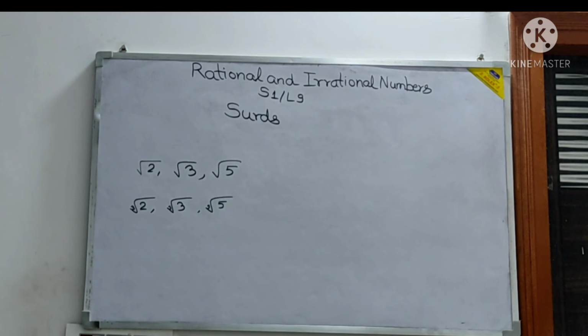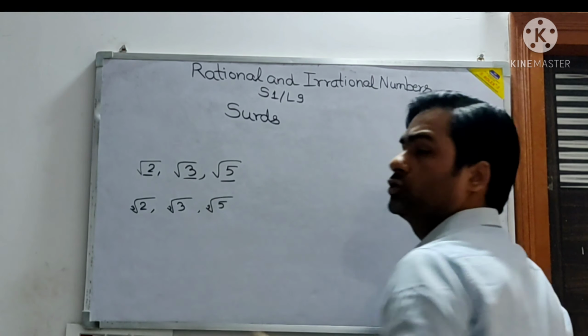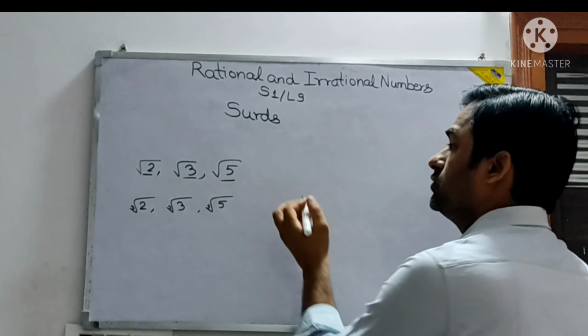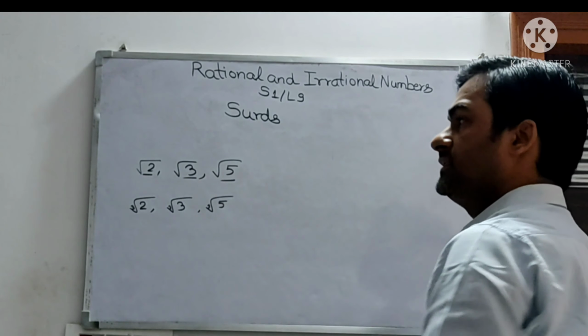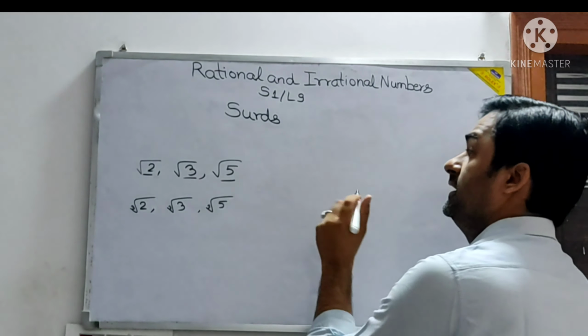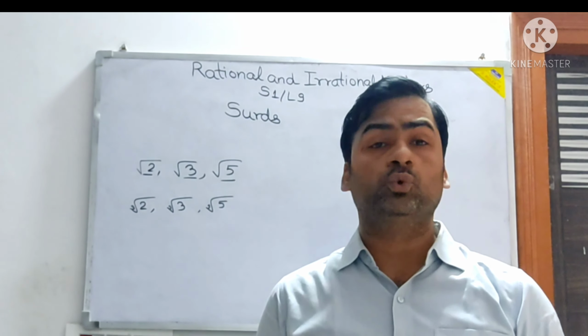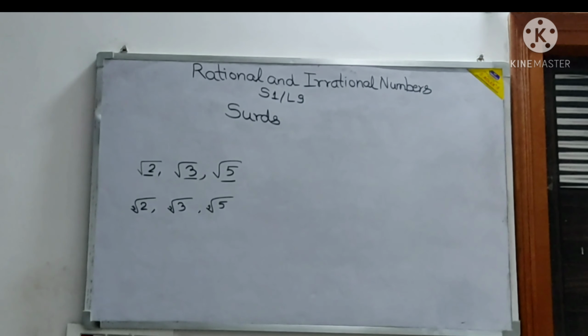Now, one thing we are sure of is that these numbers are not perfect squares of some numbers. So if the numbers inside, like 2, 3 and 5, cannot be expressed as perfect squares of some other number, then what happens? Then they are called as what? Surds.